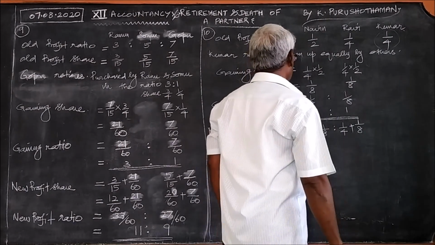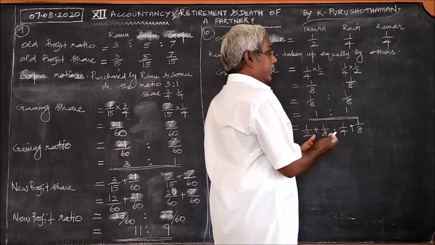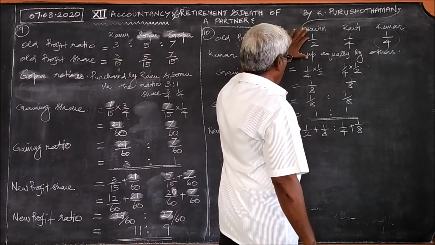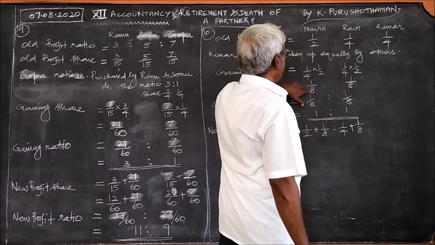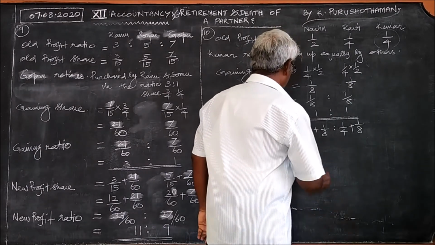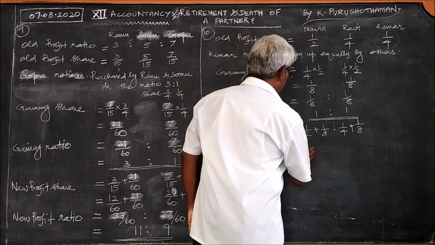How to find the new profit share? With the old share, see how much is gained. You add those two, you will get the new share. So old one 1 by 2 plus gain 1 by 8, old one 1 by 4 plus gain 1 by 8. So you simplify. For the simplification, what must we do?